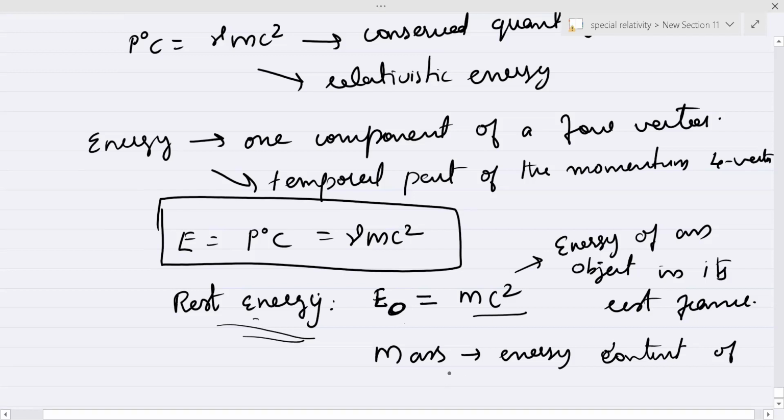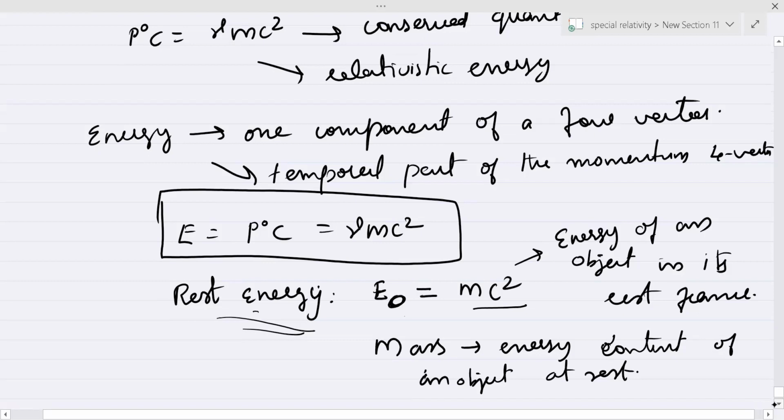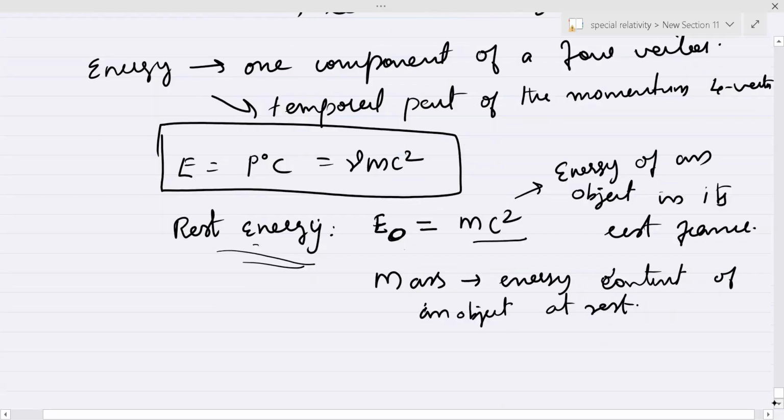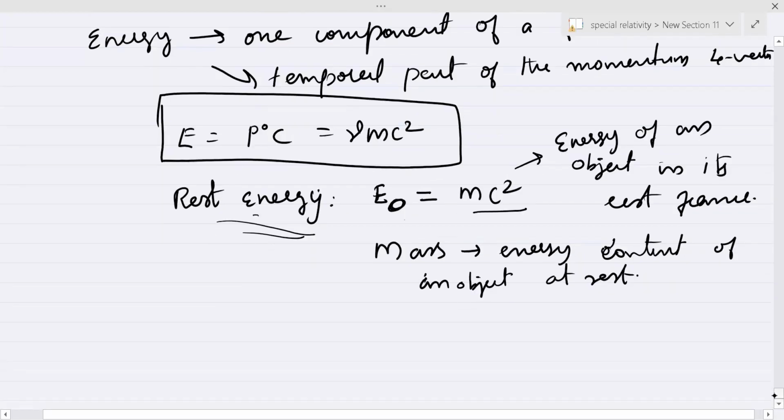It could be a particle, it could be anything, of an object at rest. So Einstein is saying that even things at rest have energy, and the energy content is given by the mass, or the mass of an object is given by the energy content when it is at rest.